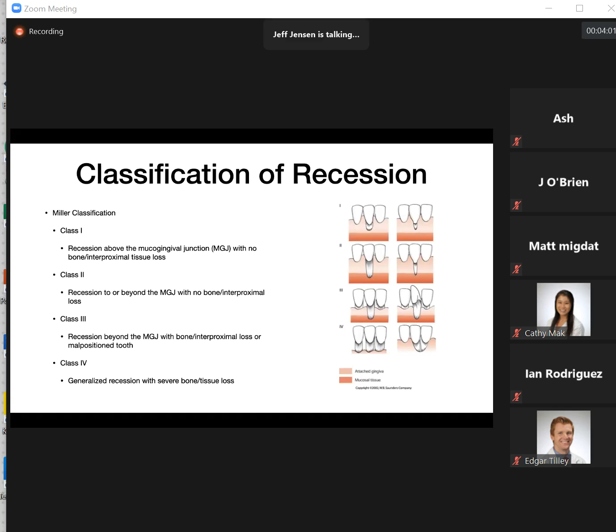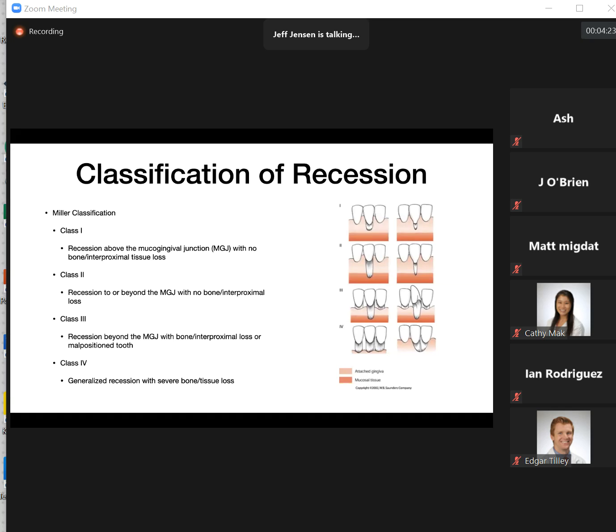We can do something like a free gingival graft, which we'll talk about in a minute, to try and increase keratinized tissue, but our root coverage on these cases is really not going to be very good, and it's not predictable at all on a class 4.